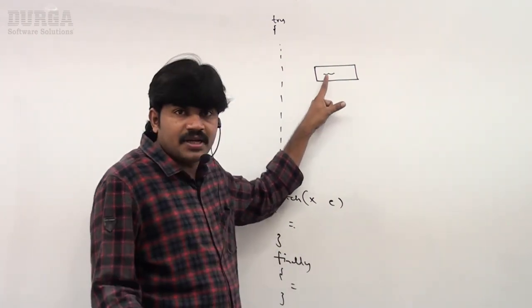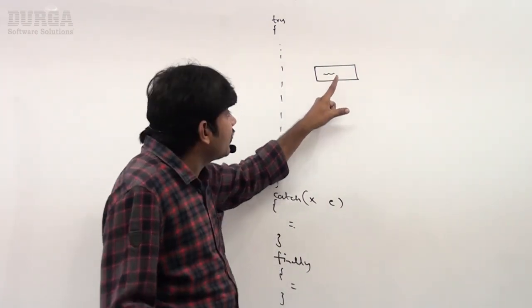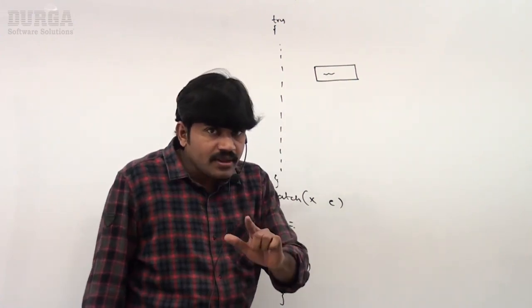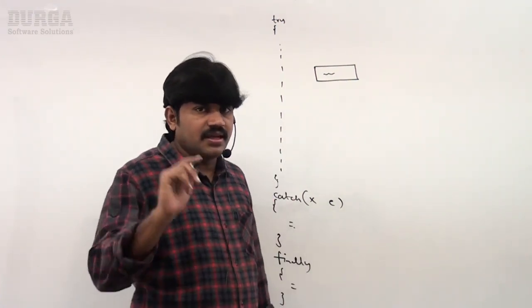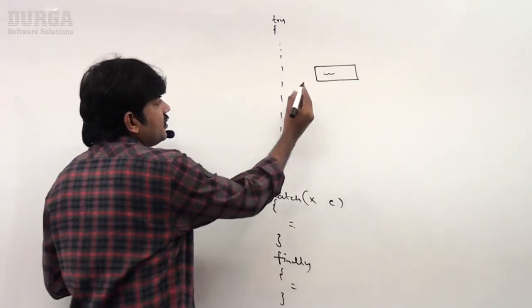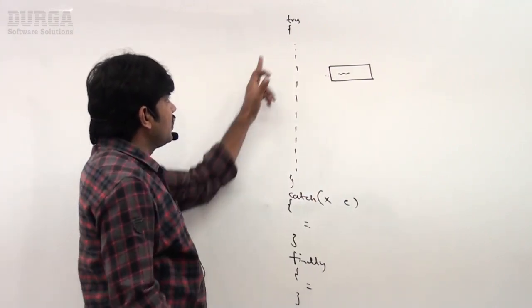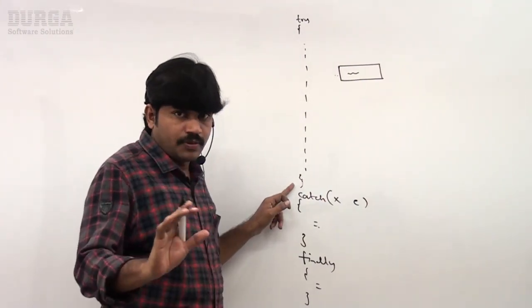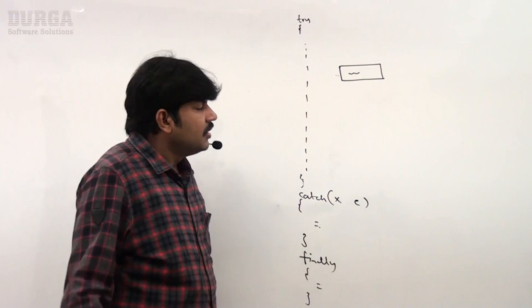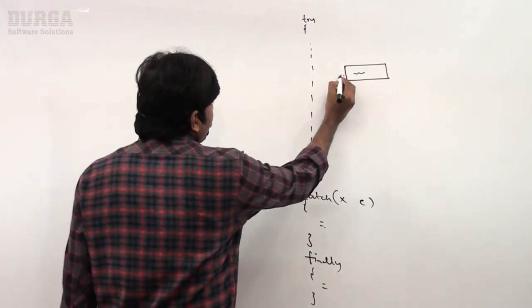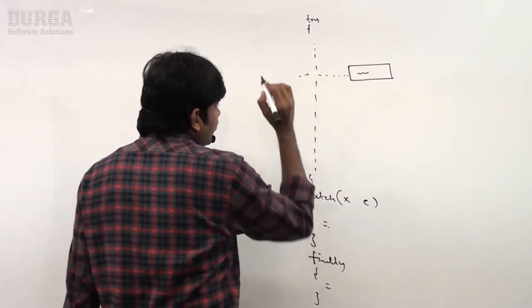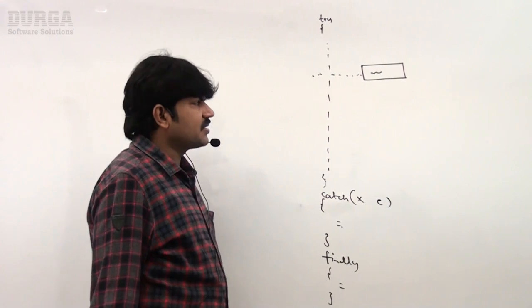Highly recommended to keep a separate try catch, right? What is the reason for that? The reason is, suppose this statement is already inside a try block, and I don't want to take an inner try catch. If there is really a problem here, there is an exception.